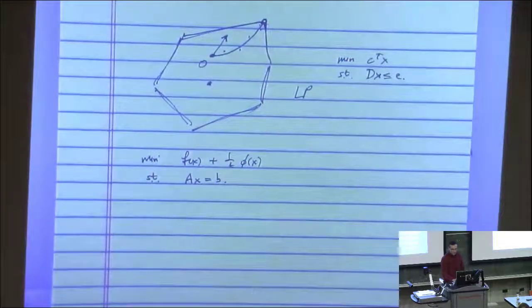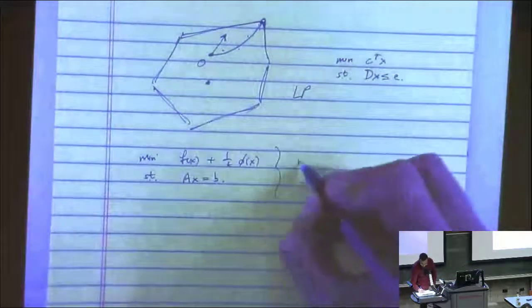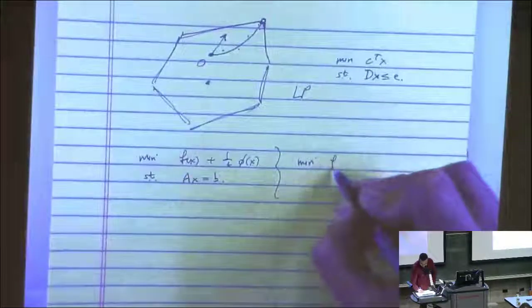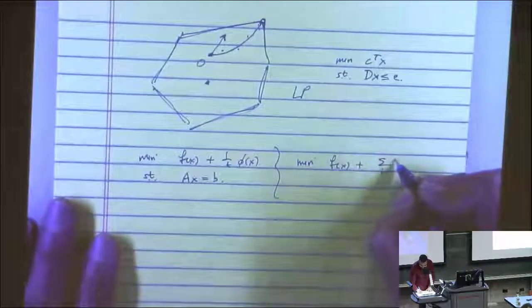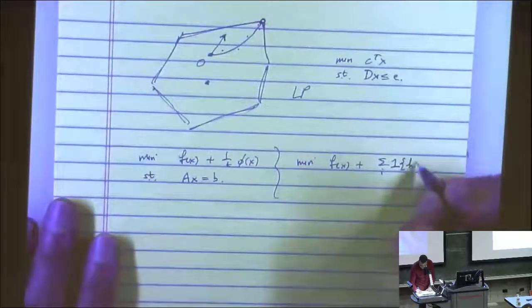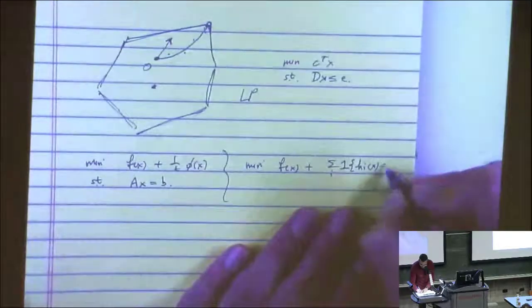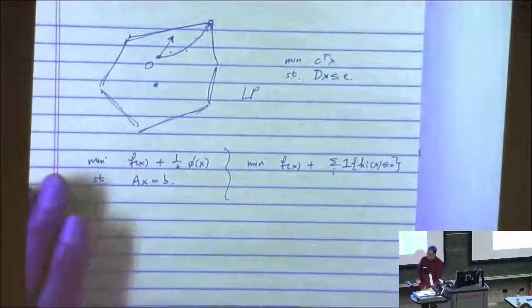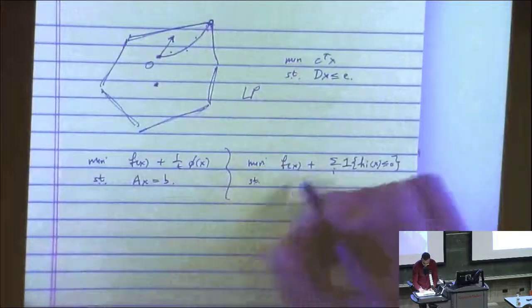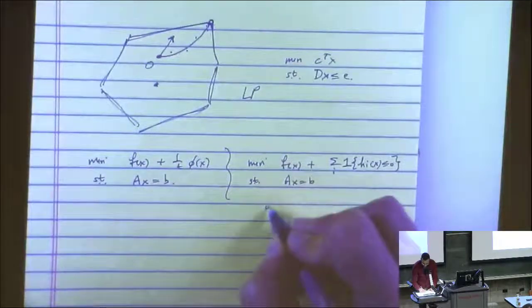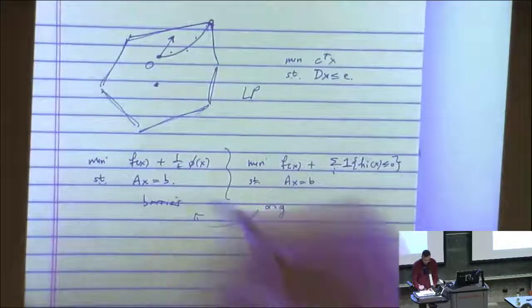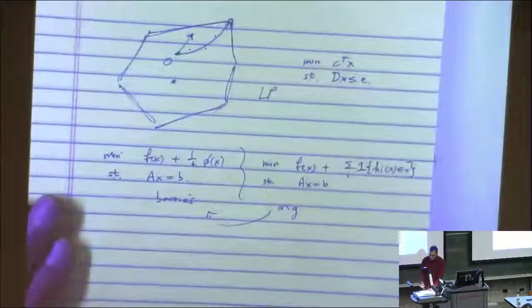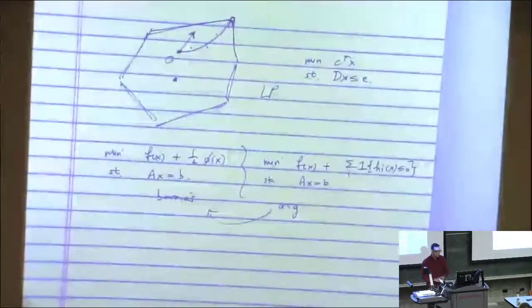If I replaced this phi in the criterion by the sum over all i of the indicator that hi of x is less than or equal to 0, then I wouldn't have changed the problem. So this is the original problem. This is the barrier problem. And the barrier problem just forms a smooth approximation to the indicator. And the larger t is, the better that approximation is.